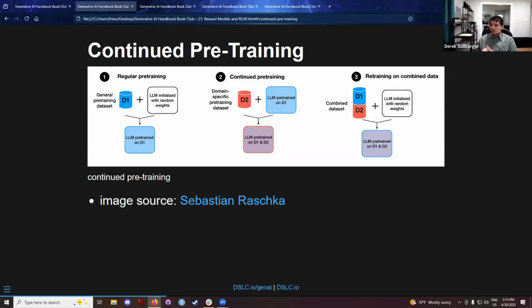Two, what we might be doing at, say, a smaller company or university is the continued pre-training on a specific data set D2, with the similar mentality that we discussed in the last chapter, separating the pre-training weights and the update weights. And then three, we would still need to bring this together, data sets D1 and D2, and continue training the large language model.